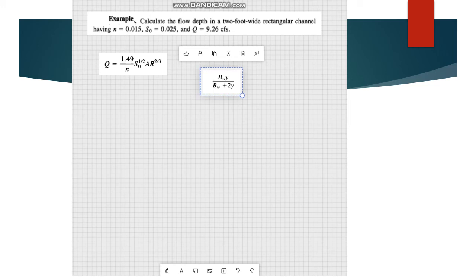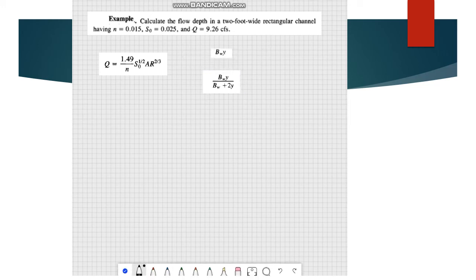Okay, if I plug in the hydraulic radius, then I need to calculate the Manning equation. So Q is going to be 1.49 over n, S0 is constant, to the power 1 over 2. A is b_w y, and R is to the power 2 over 3.